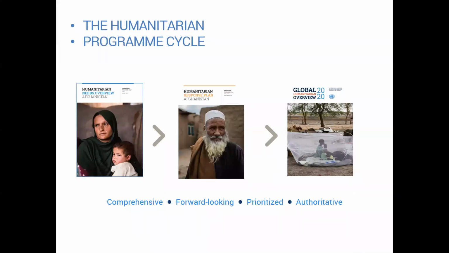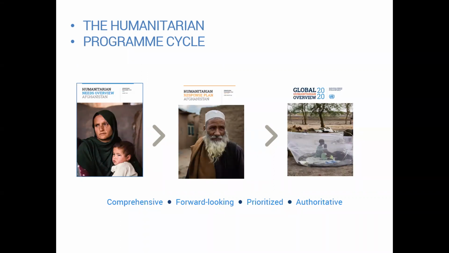In terms of the main outputs of the humanitarian program cycle, I hope you have already seen or contributed or are currently involved in the development of a shared understanding of the humanitarian situation. That is captured in what we refer to as the Humanitarian Needs Overview, or HNO for short.